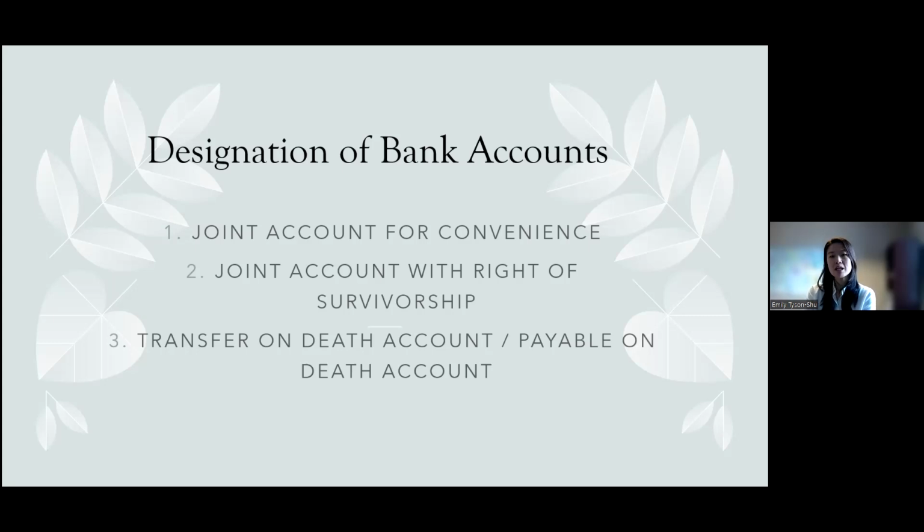Generally speaking, without any other designation, the money, assets, and funds in that account belong to your elderly parent's estate if one day your elderly parent passes away, even though you are named as account holder.